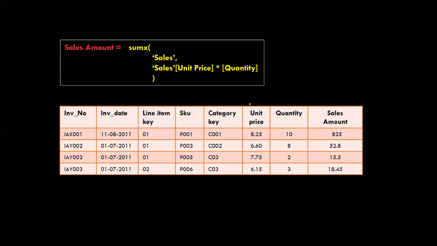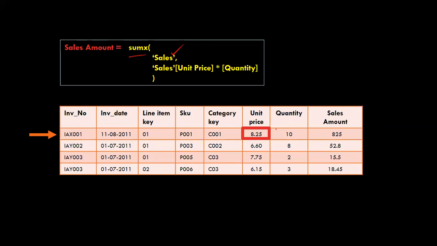So in the case of the SUMX function, it iterates one row at a time and completes a calculation, whatever you specified in your second parameter. This is your first parameter, Sales, your table name. And in the second parameter, you have specified the expression. Since you have used SUMX, it iterates each and every row.